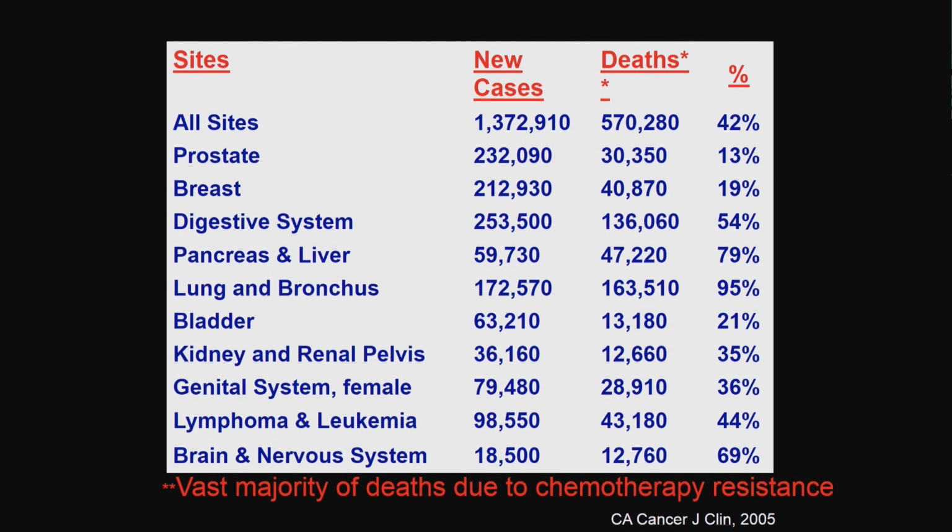So, where are the sites? It is found in the prostate, all sites 42%, 13% prostate, breast, digestive systems is very high, pancreas, liver, lung, bronchus, bladder and so on.